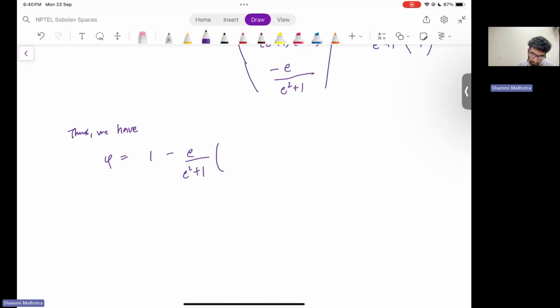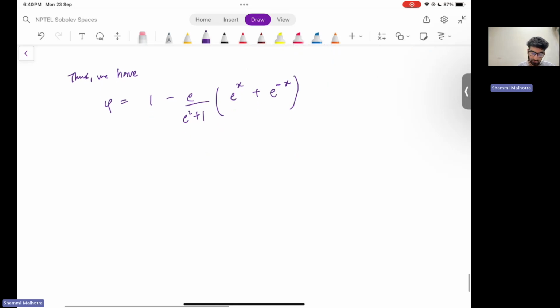So these are nothing but e raised to the power of x plus e raised to the power of minus x. This is the general solution. And since we have these two constants determined, we have a unique solution.